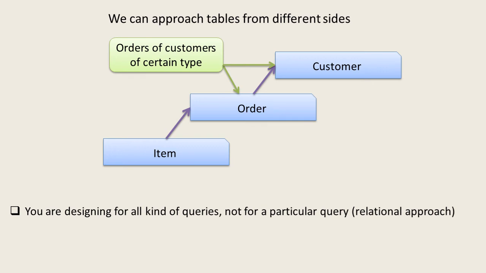However, there are also some exceptions from this rule. I mean, the rule that your design doesn't depend on query. And one of these exceptions you have already seen in the previous slide, and that was, if you remember, the introduction of the amount column within the order table. This was an example where you wanted to please a particular query. So a particular query which is looking for orders which have more than a certain amount actually requires introduction of this column.